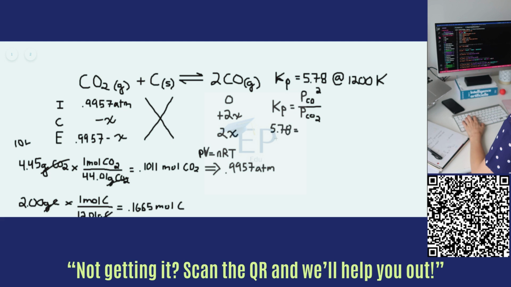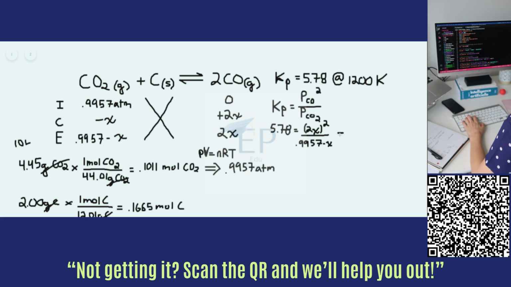This equals, the value we got for PCO is 2x, and that whole thing is squared, divided by 0.9957 minus x.